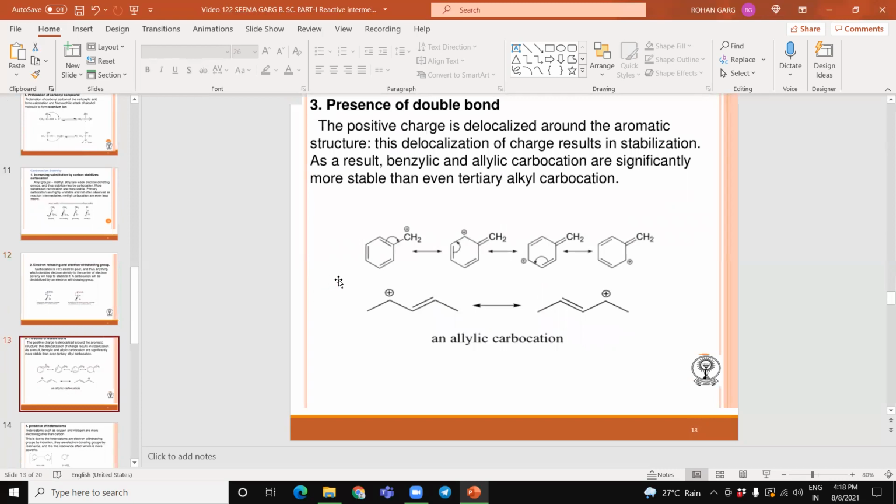Presence of double bond. The positive charge is delocalized around the aromatic structure. This delocalization of charge results in stabilization. As a result, benzylic and allylic carbocations are significantly more stable than even tertiary alkyl carbocations.